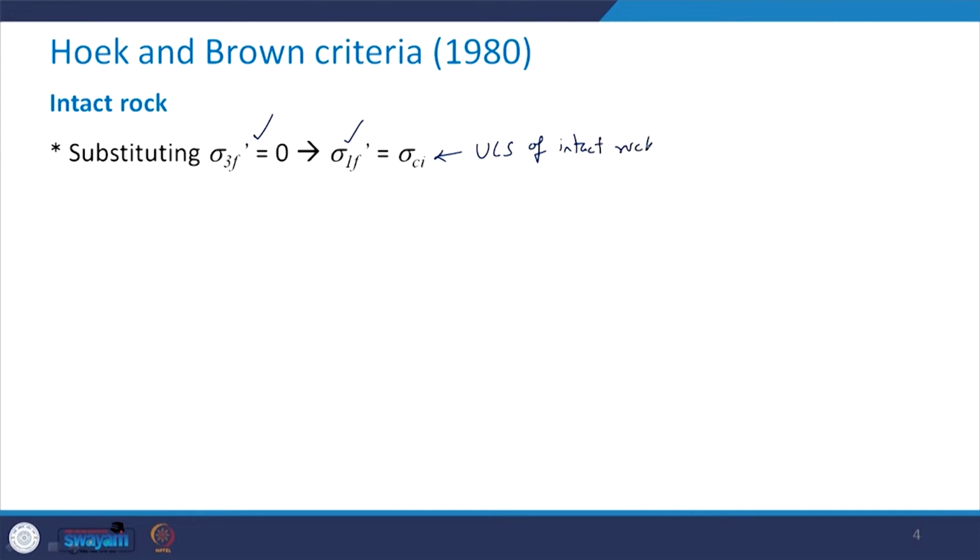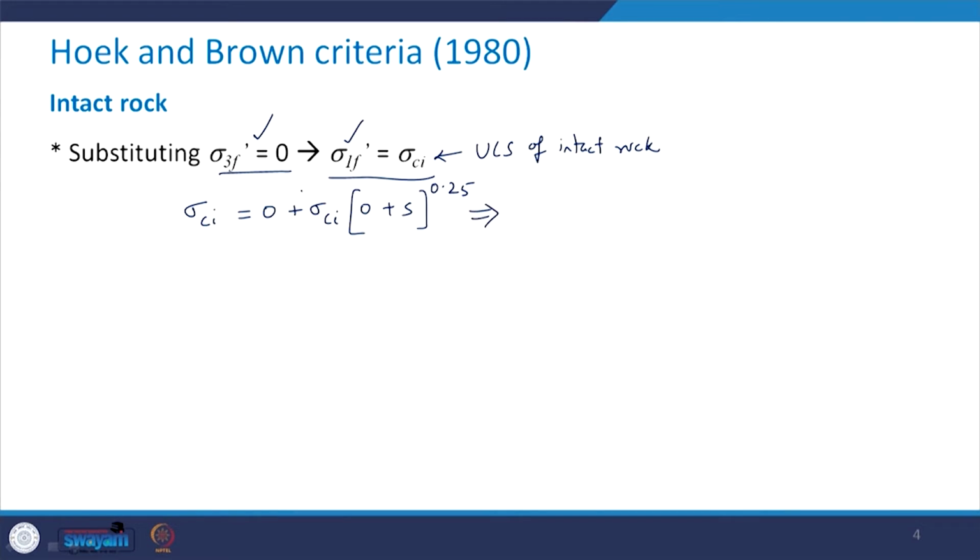Just substitute these values in the expression: sigma ci is equal to, first term will become 0 plus sigma ci, and inside the bracket the first term will become 0 plus s to the power 0.5.